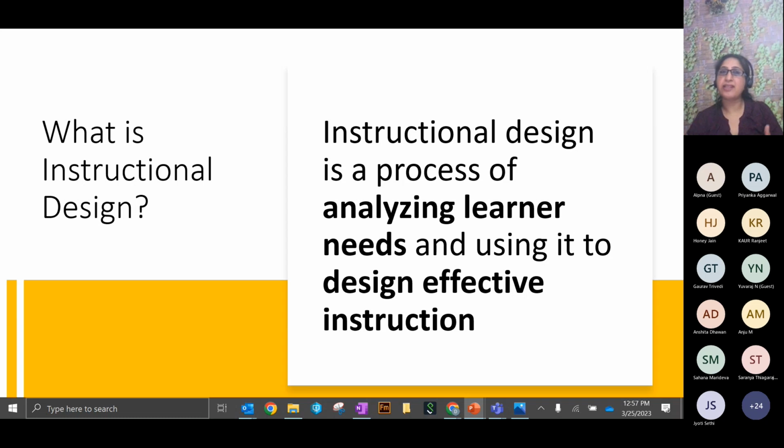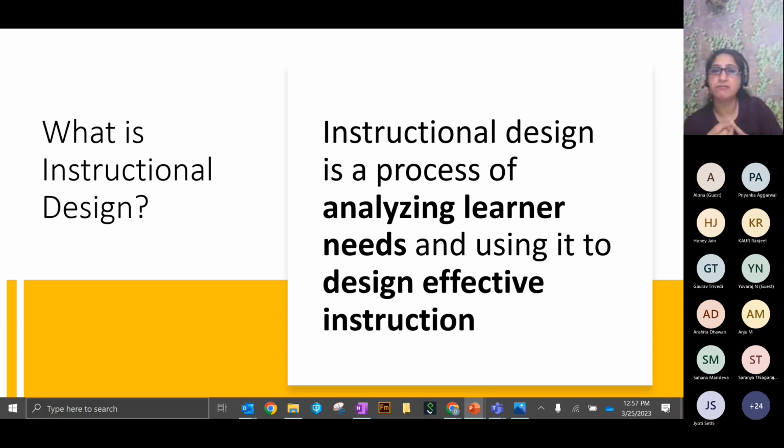So when you're making a course and giving it through electronic media, that is e-learning. There are different systems in which you impart learning, right? Systems could be trainings, they could be school or classroom education.